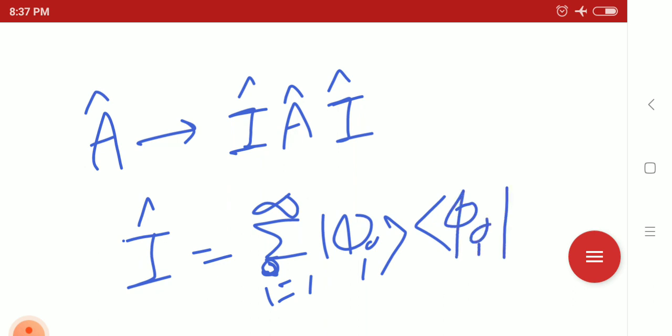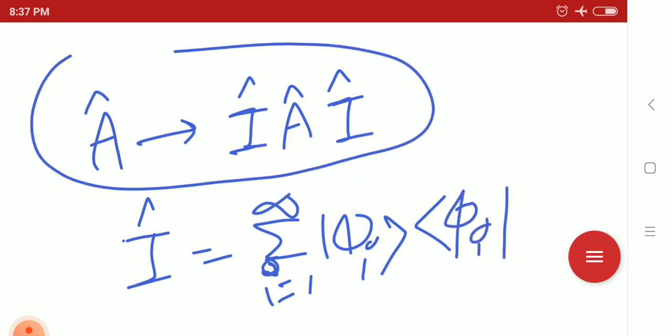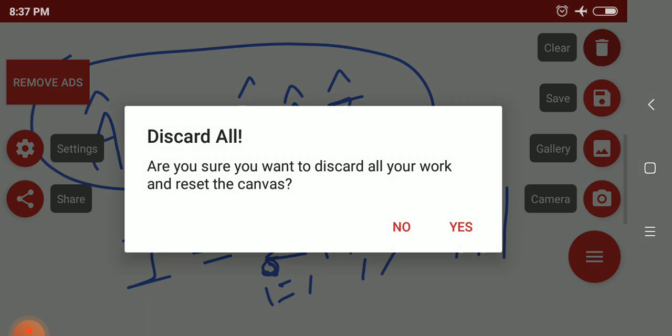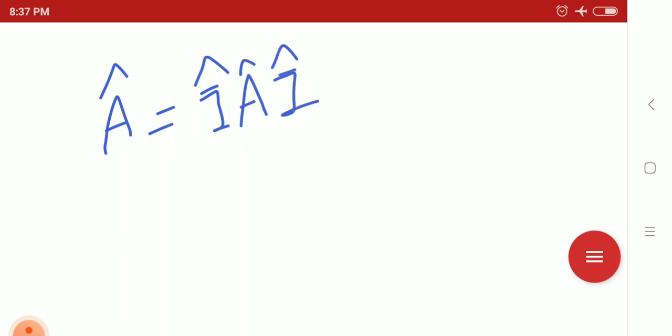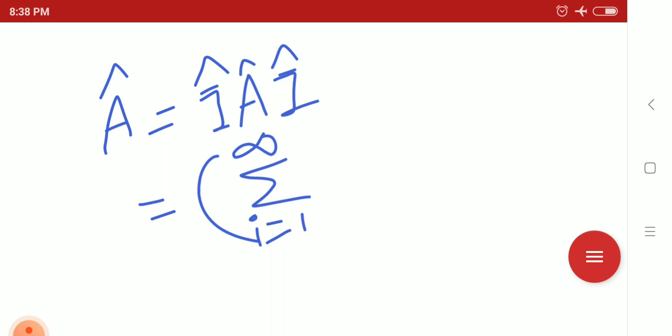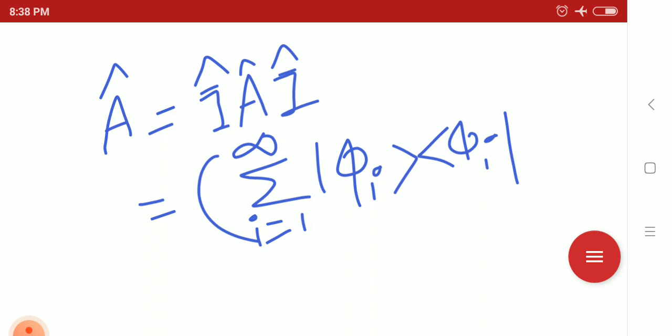So we can write this portion as: operator A equals identity operator, A, identity operator. Now the identity operator can be written as the summation over i equals 1 to infinity of ket phi i bra phi i, because we know this will result in 1.